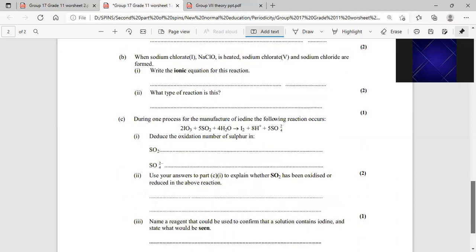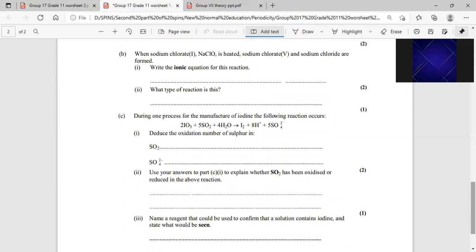Next, when sodium chloride and NaClO is heated, sodium chlorate(V) and sodium chloride are formed, right? The ionic equation for this reaction. Sodium hypochlorite is NaClO. Okay, sodium chlorate 5 and sodium chloride. When we make it into the ionic equation, we cross the sodium.